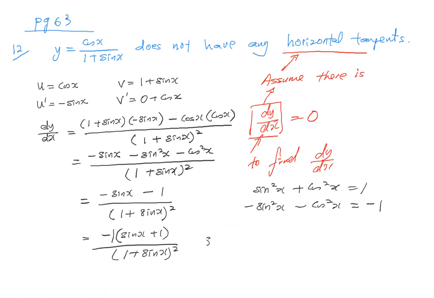So sin X plus 1 cannot be equal to 0, correct? Am I right? The bottom cannot be equal to 0. So cancel, cancel.